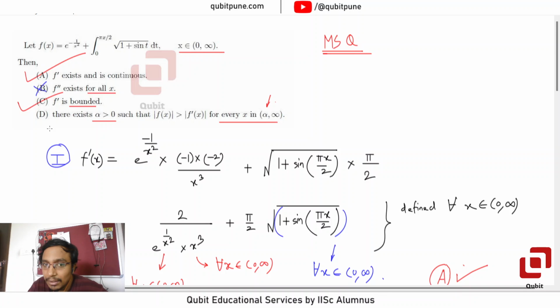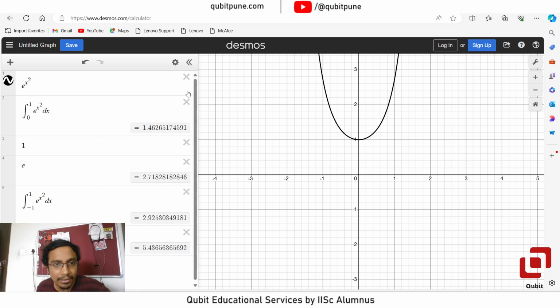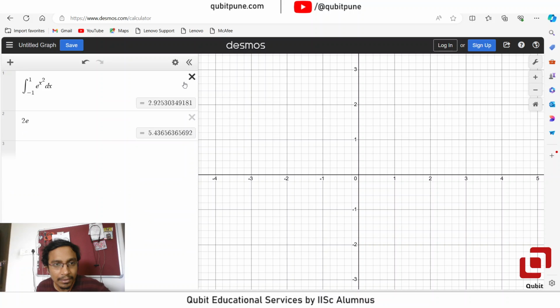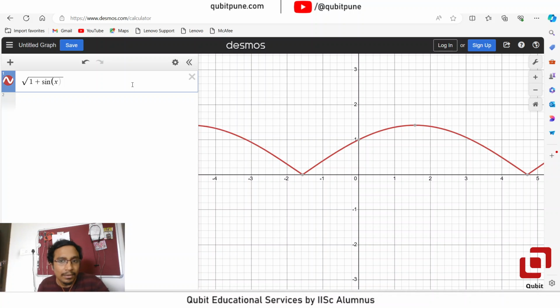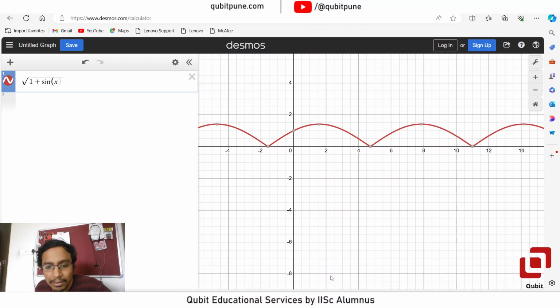So I'm a bit doubtful about the second expression. I haven't solved it, but I'm a little doubtful about the expression in the under root. This one? Yes. Why? What's the issue there? I don't see any problem there.